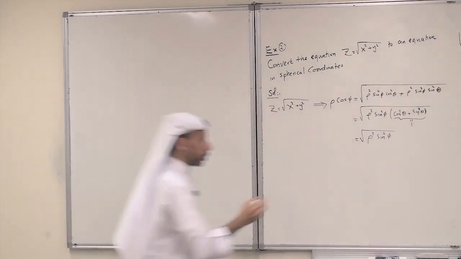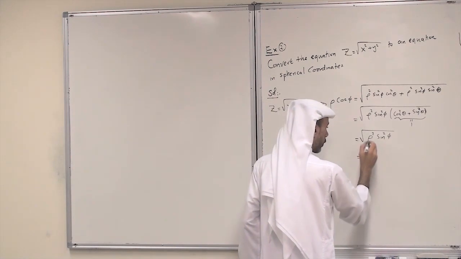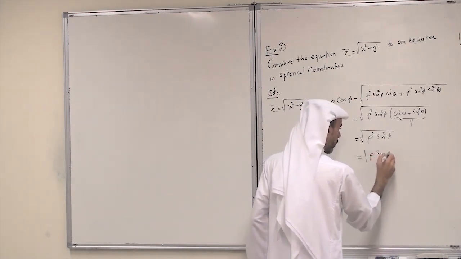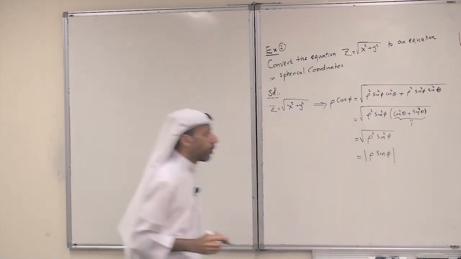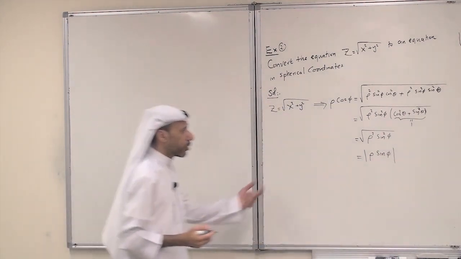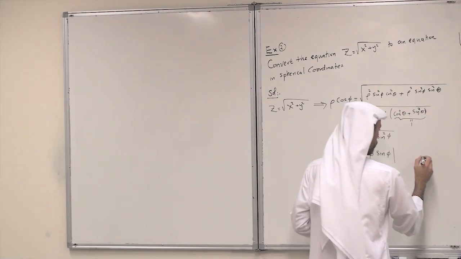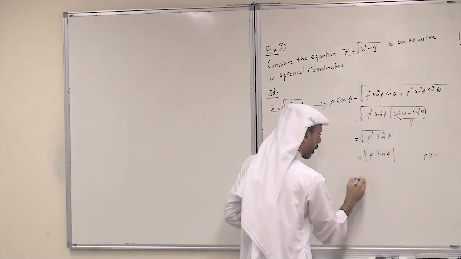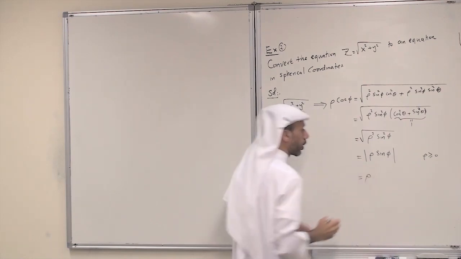We'll take the square root. The square root of this gives us the absolute value of rho sine phi. But we know that rho is greater than or equal to 0, so the absolute value of rho will be rho.